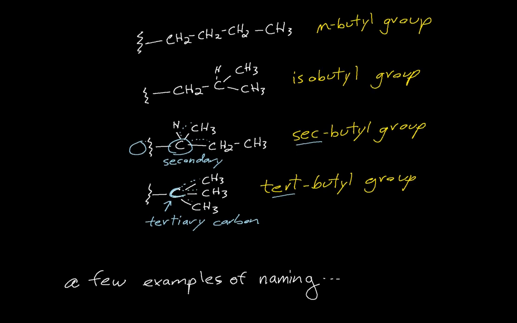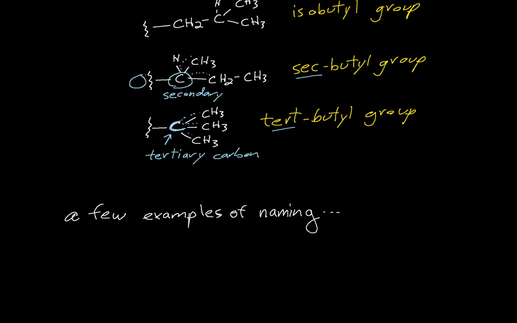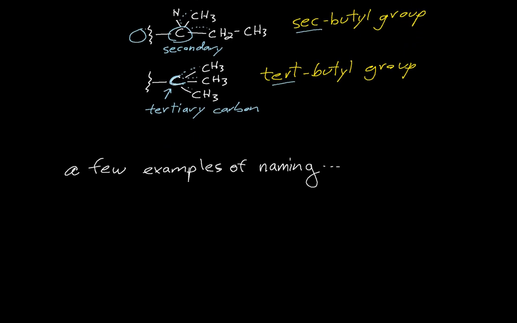Whenever you stick one of these groups on another molecule, you refer to it as that group. So here's a couple of examples of naming. For example, I'm going to draw a hexane. 1, 2, 3, 4, 5, 6 carbons is a linear alkane.